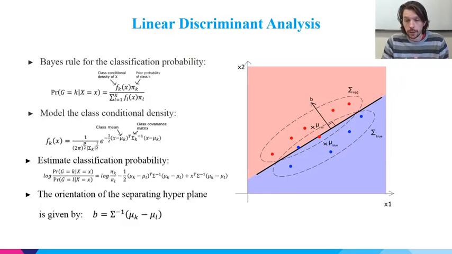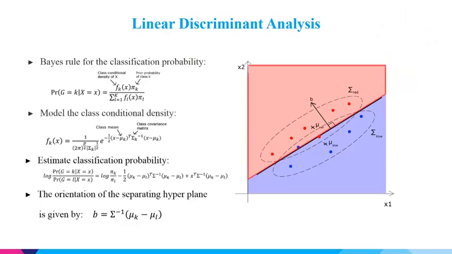And the upshot of it all is that we can divide the space into two. Gene expression profiles that sit in the red part are more likely to come from the red biological state, and gene expression profiles in the blue part are more likely to have come from the blue biological state.